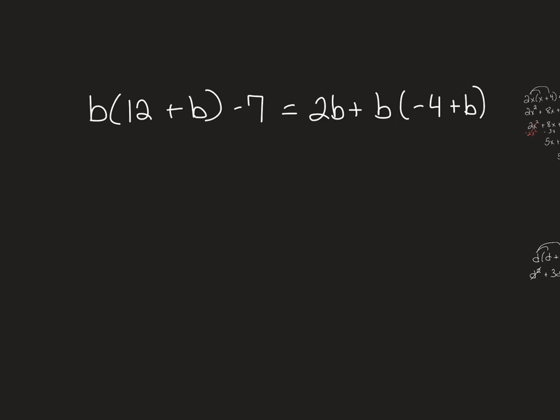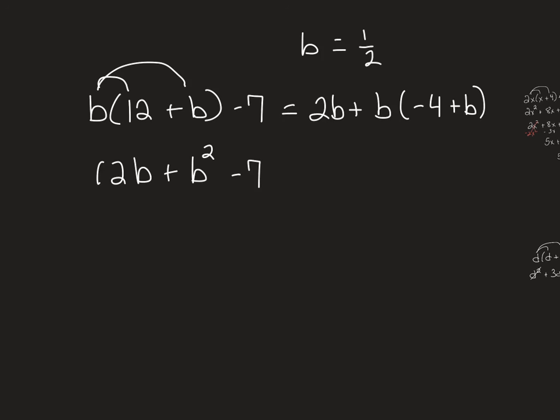Okay, I hope you got b equals 1/2. Let's go through, if you did not, let's see where you might have missed it. Use the distributive property, 12b plus b times b is b squared minus 7.